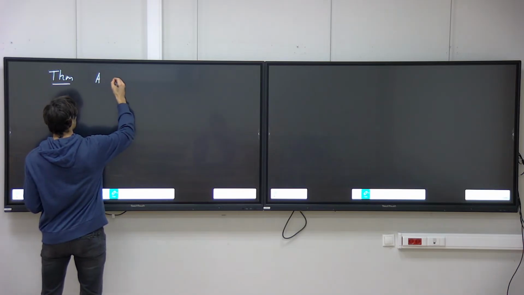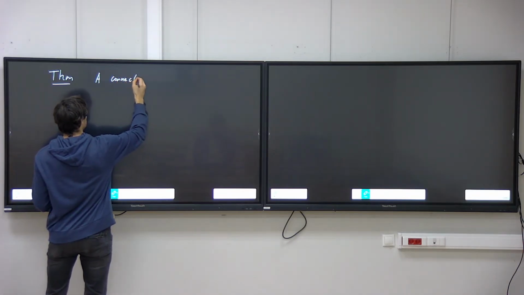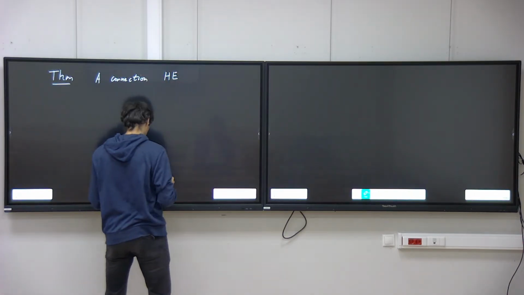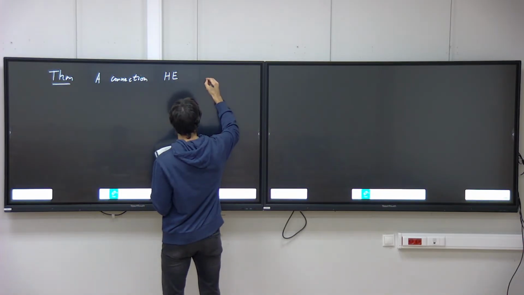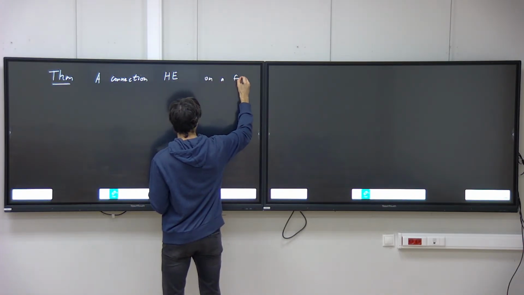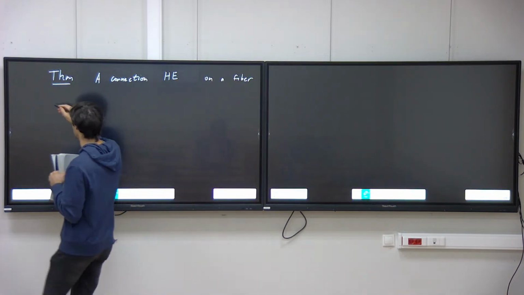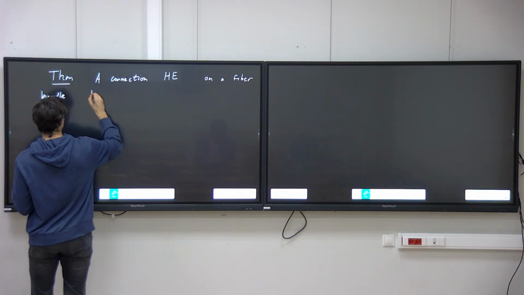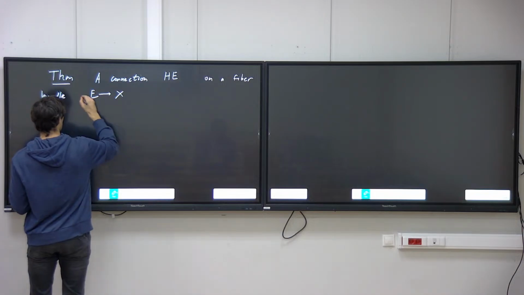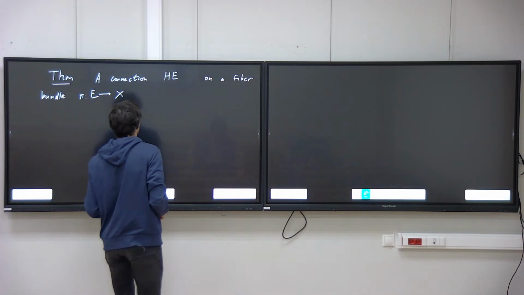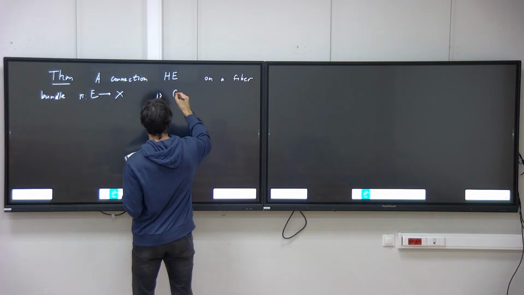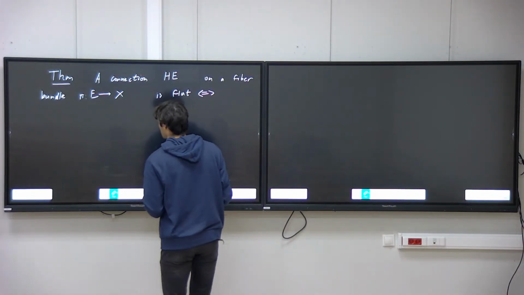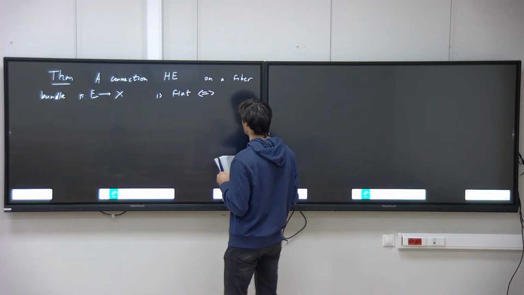So the theorem says a connection H^E on a fiber bundle E over X is flat if and only if we have flat sections locally.